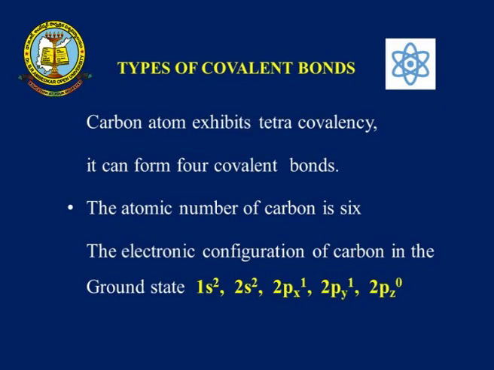Now, as it is known to you all, the atomic number of carbon is 6 and the electronic configuration is according to the Aufbau rule and Hund's rule, which you have studied earlier in intermediate also, I believe.